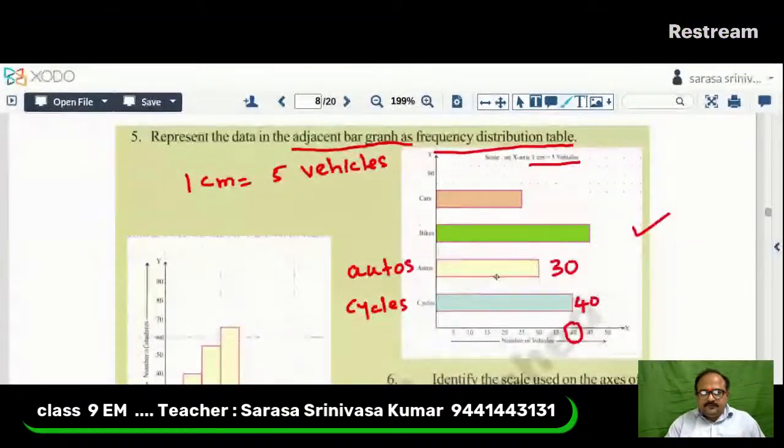Here autos it is 30. Next option is... Dear students, observe this table.